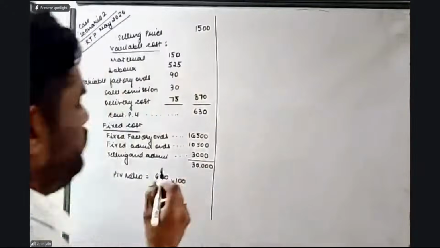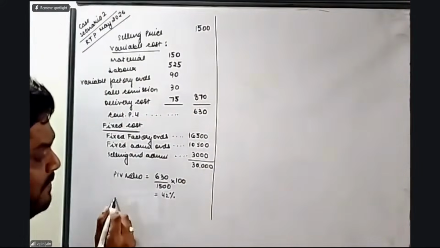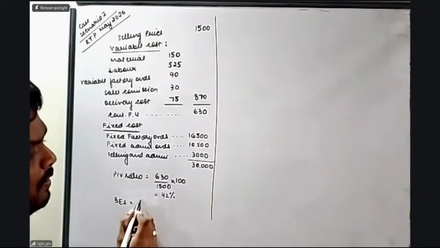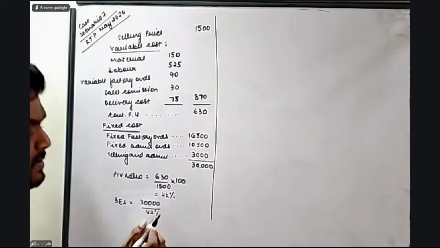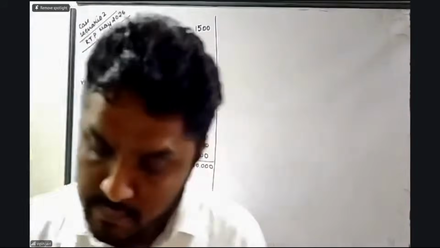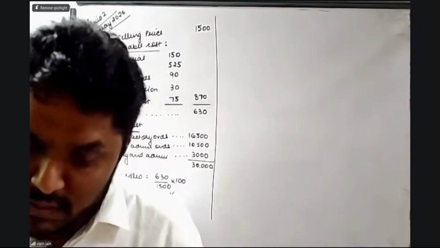So this will be 42%. And break-even sales will be how much? 30,000 divided by 42%.